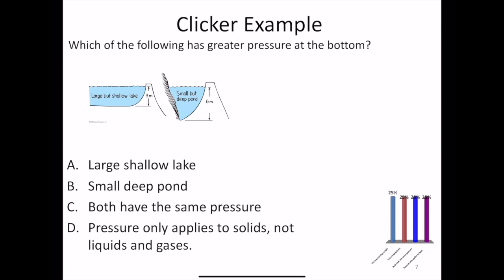The correct answer is B. The pressure at the bottom of the small deep pond is going to be very much larger. Why? Simply because of this formula. P, the pressure at a certain depth, is equal to rho g h, and h is greater. It's 6 meters for the small pond, but only 3 meters for the large lake.